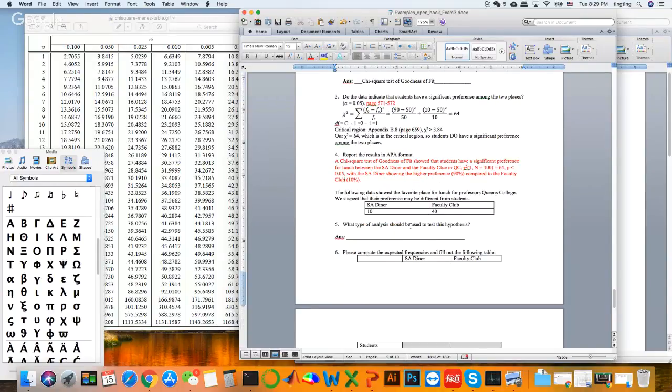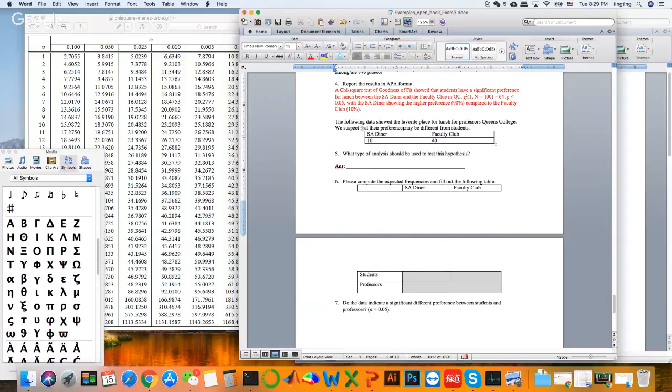So the last question. This data show the favorite place for lunch for professors in the Queen's College. Professors means it's another sample. So here we have 2 samples as our data. One is the student, another one is the professors.